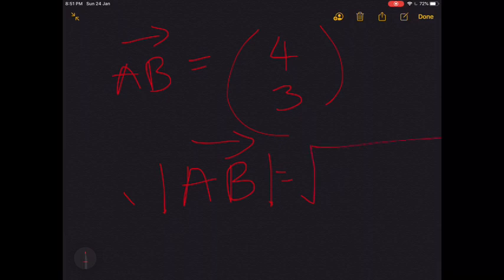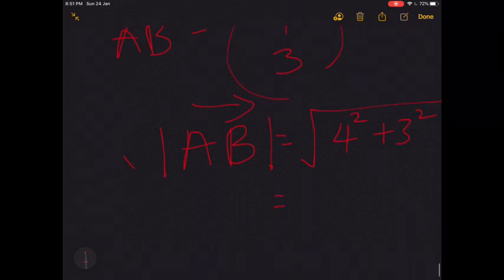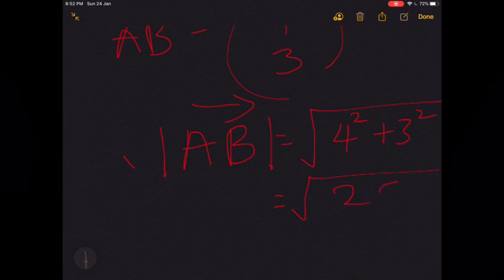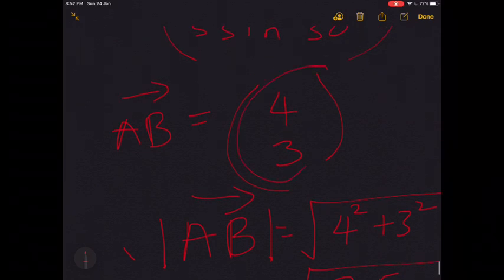Square root of the x component squared plus the y component squared, and that gives us root 25, which is 5. That means that the length or the magnitude of this vector AB is 5 units.